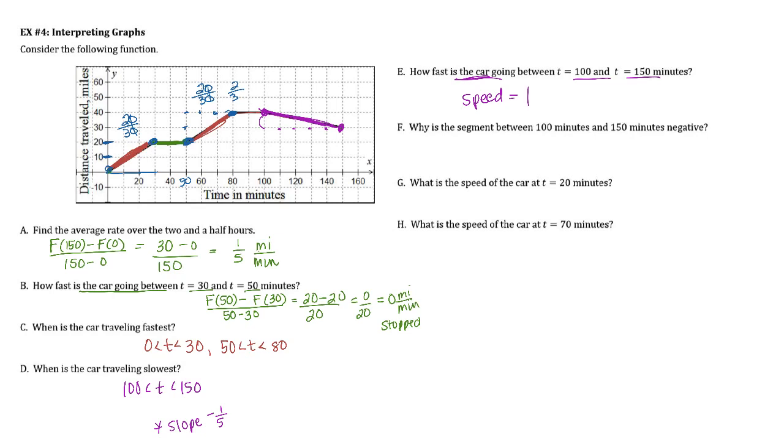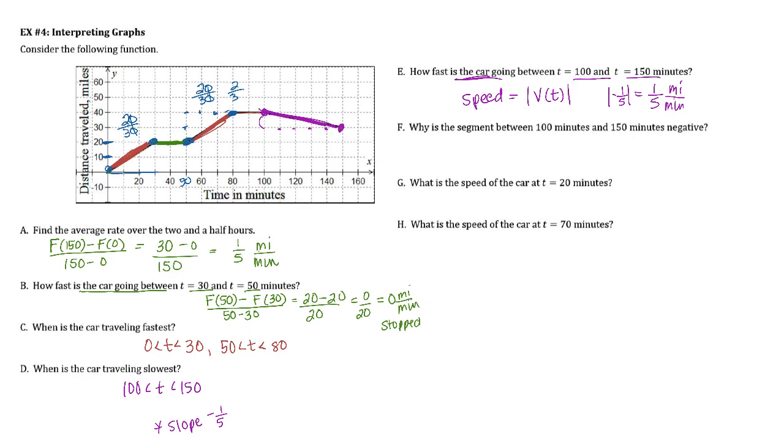Just kind of foretelling here. Speed's the absolute value of velocity, so we know it's going to be positive here. And so we saw that the slope was negative 1/5. So if we take the absolute value of negative 1/5, that's going to give me a positive 1/5. And so 1/5, and that's going to be miles per minute. So that's going to give us a pretty good idea of how fast the car would be going.